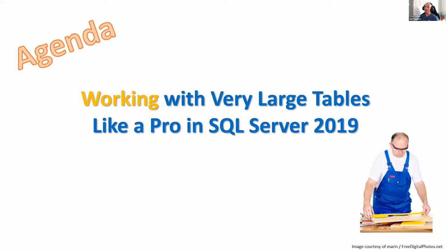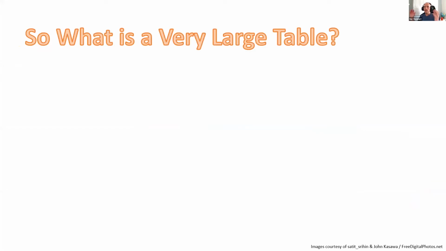Then we're going to talk about what it means to work with a very large table, what it means to work like a pro. I mean, everyone can work, but what are the results? What should you do like a pro in order to work with a very large table? And again, not specifically 2019, but I'm going to go through all kinds of relatively new features related to this. So let's talk about very large tables first.